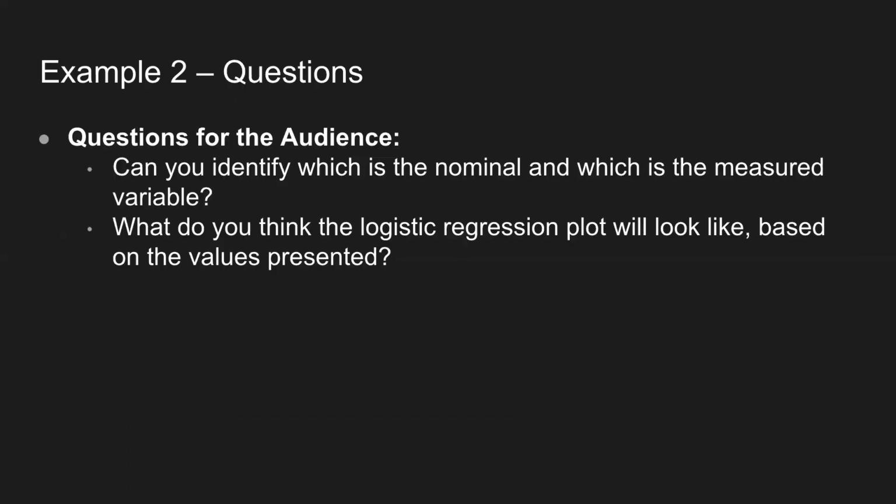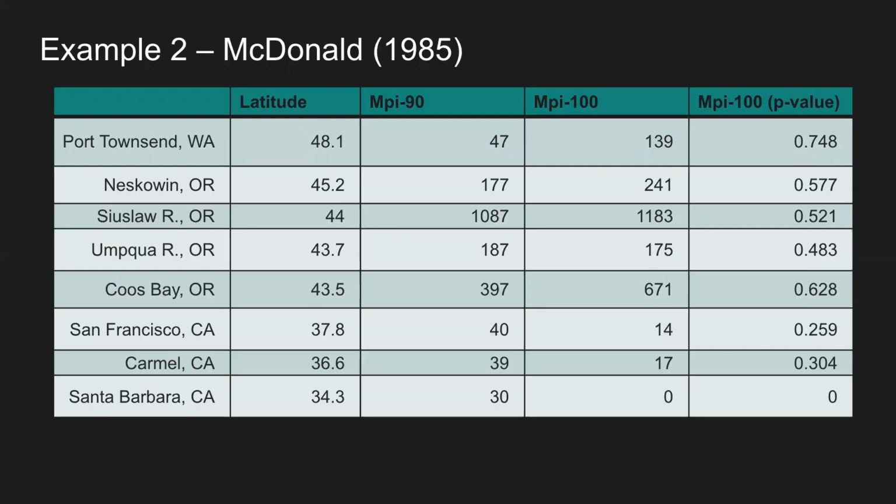Okay, so the nominal variable is which allele, whether it's MPI 90 or MPI 100, and the latitude is obviously the measured value. The p-values in the raw data were actually given to us, so with these values you get the variation, like the error, for each of the data points.